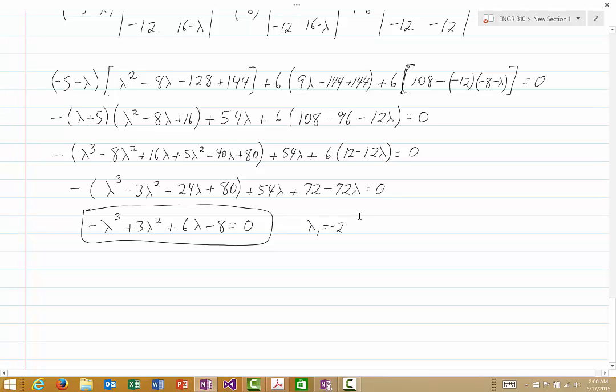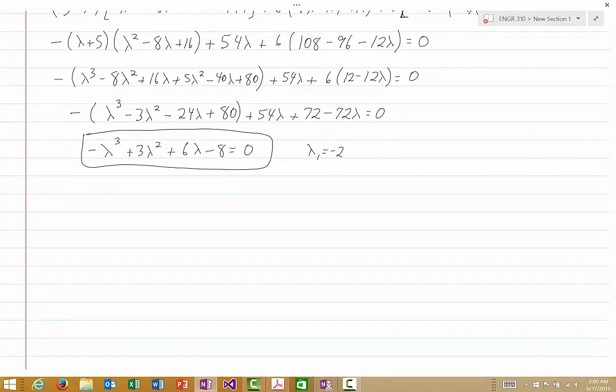So now we want to find the other two roots of the equation, and the way we'll do this is the following. We'll use synthetic division just as we did the other day in a recent lecture.